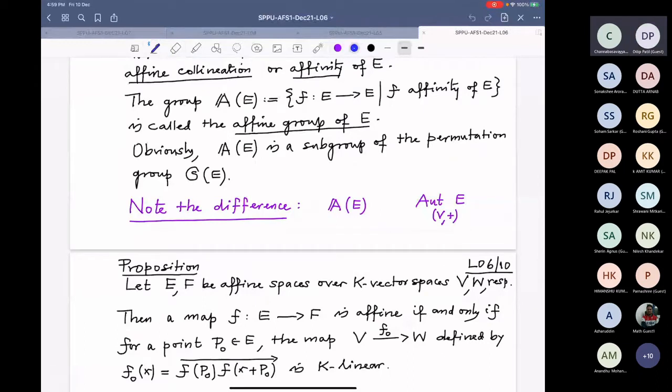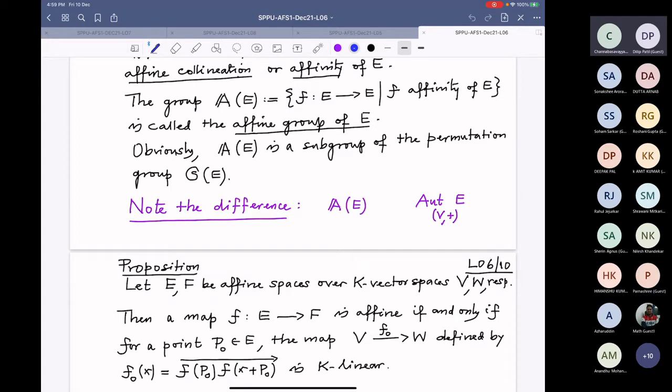Note the difference between this and this. This also makes sense, right? This is precisely what we described in an earlier lecture, the automorphism group of V. Actually, we defined it for homogeneous spaces, and E, being affine, is homogeneous and the action is simple.